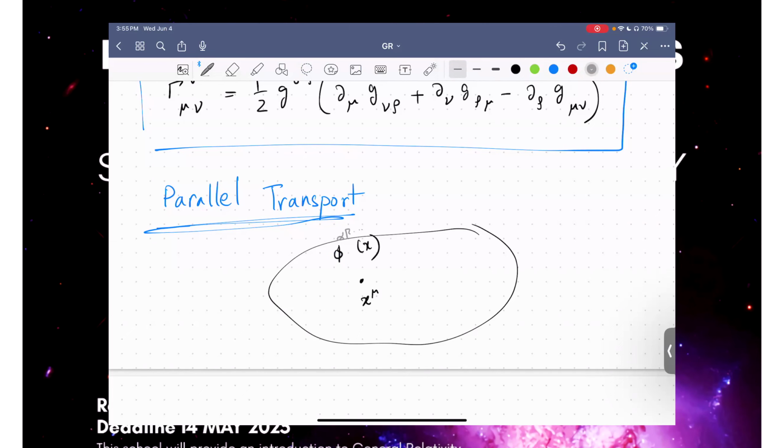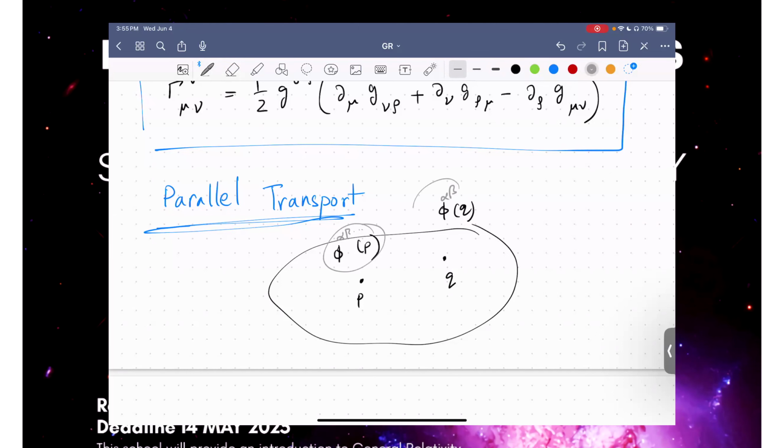If this is a field defined on your spacetime, then it will have some value at each point, right? So let's say that you have another point. Let me use slightly abstract notation and call this point P and this one Q. So this is P, and here you have Q, with indices.